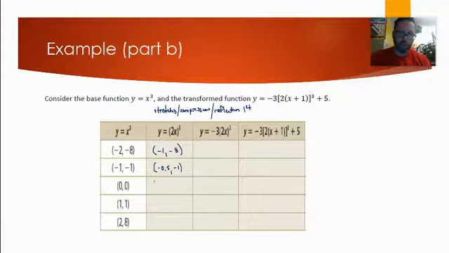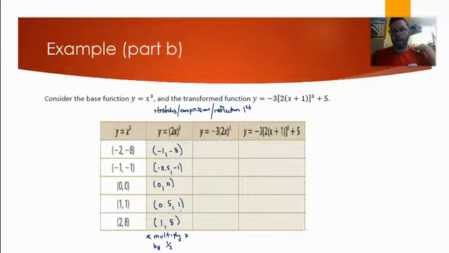We're just compressing the x values. 0, 0 stays there. 0.5, 1, and 1, 8. And I guess I can write our little rule down here. What we did was we multiply x by that compression factor of 1 over 2.